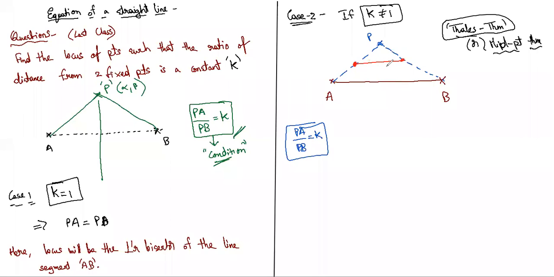Now, what is the other important theorem you learned in 10th class? I am surprised no one is answering it. There is one more theorem related to triangles which is taught in 10th class and is very important, and in that we use this ratio PA by PB. Either you have not been taught or unfortunately you're not able to recall.